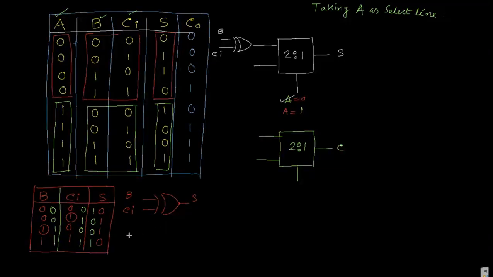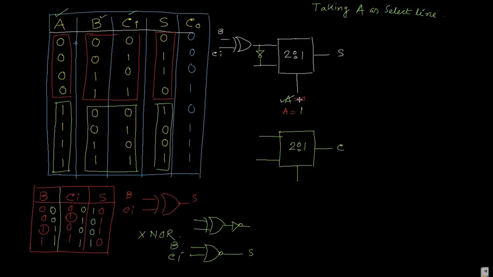It means it is nothing but an XNOR gate. This is your XOR, then this is your NOT gate, then it becomes an XNOR gate. That means the output is like this. So this is your B, this is Ci, and this is S. It means if you connect one NOT gate over here, then that is the B and Ci.